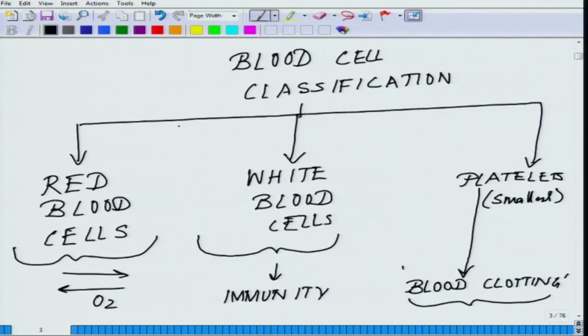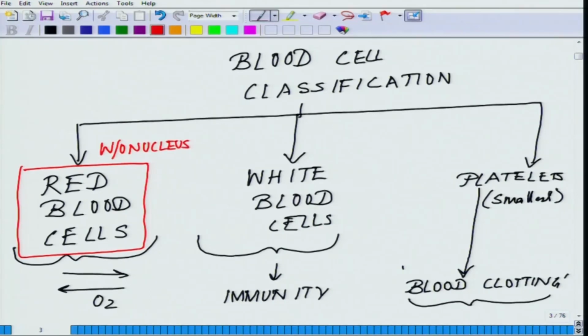Okay. Now, these red blood cells that you see here are without nucleus, and why they are without nucleus we will be discussing.